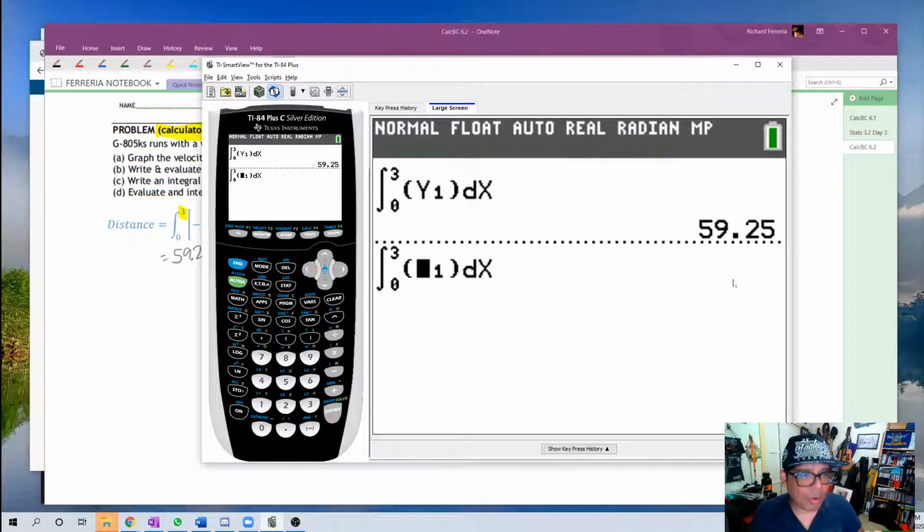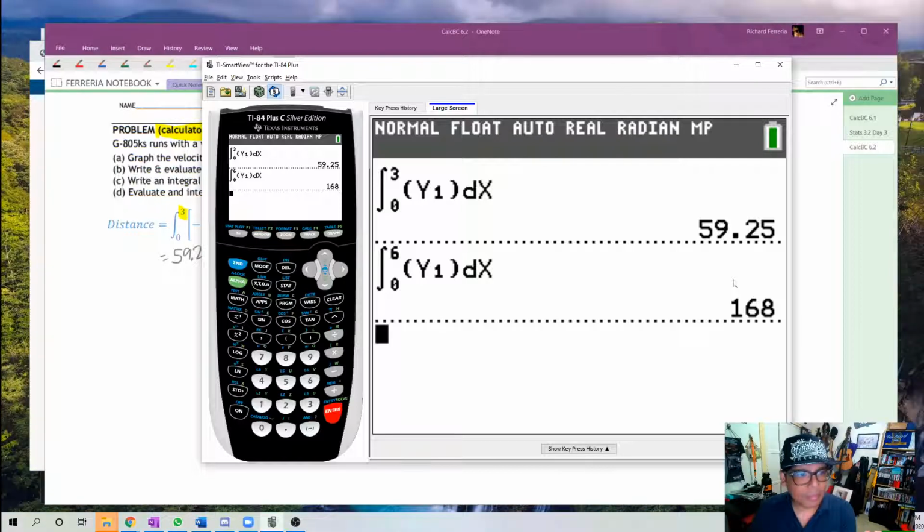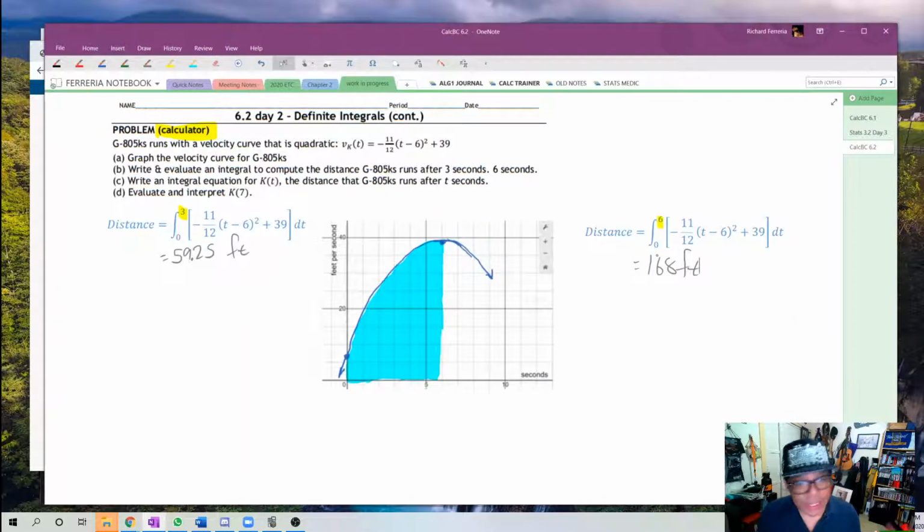Click the back arrow a few times, and you can change that to a 6 and push enter. A lot of students find that to be faster than just typing out the entire thing. I don't know, it's totally up to you. So in 6 seconds, Gallimimus G805KS runs 168 feet.